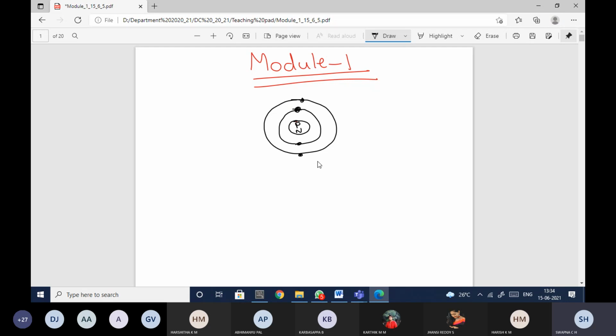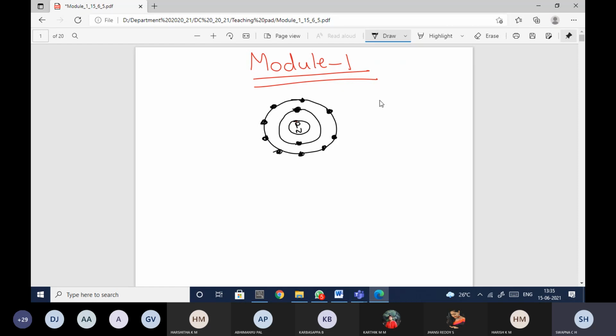Electrons are revolving around the nucleus. The darkened circles I'm representing are nothing but the electrons, and these electrons are revolving around the nucleus.